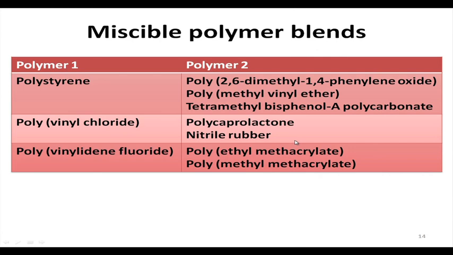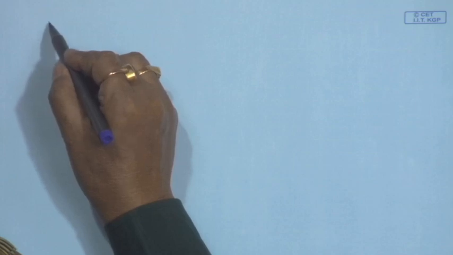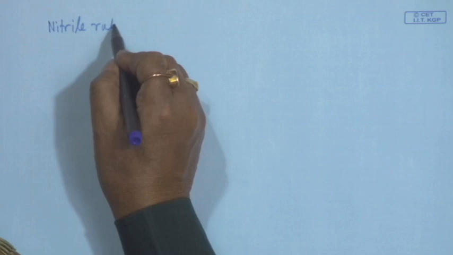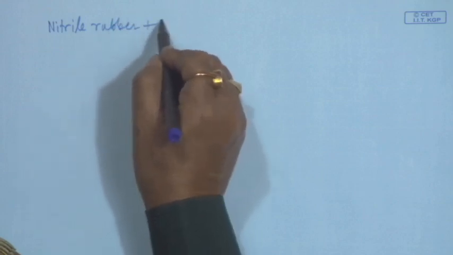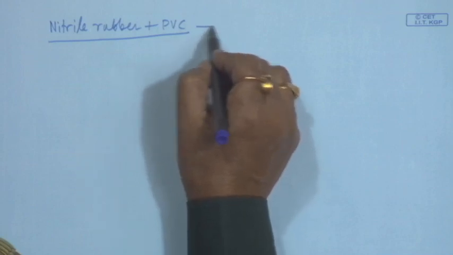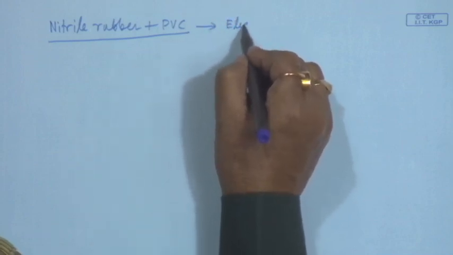Now, the PVC nitrile rubber blend is a very successful blend for electrical insulation, electric cables. So, the nitrile PVC blend is very good for electric cable application.